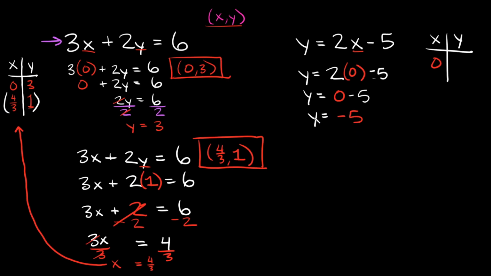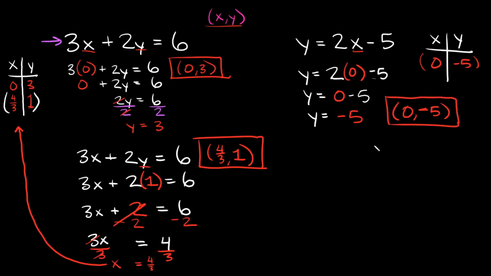Pretty simple, right? We found our y coordinate right there, negative 5. So I just found a solution to this equation right here. So my x would have to be a 0, and my y would have to be a negative 5. So let's just write it right here: 0, comma, negative 5, okay? This is a solution to the equation.